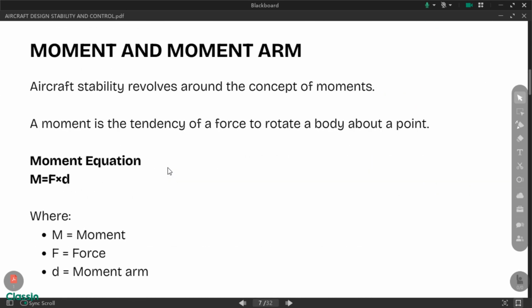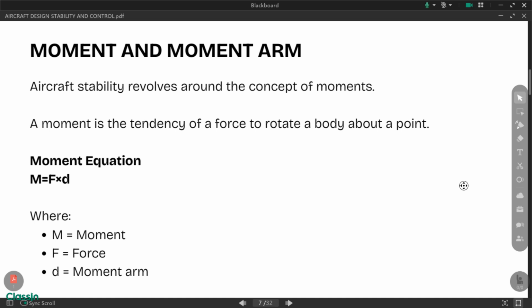Next, moment and moment arm. So, another important concept natin for aircraft stability, yung moments, no? So, if you recall, a force acting on an aircraft does not simply move the aircraft. Kasi if the force acts away from the center of the gravity, it can also cause a rotation dun sa aircraft.